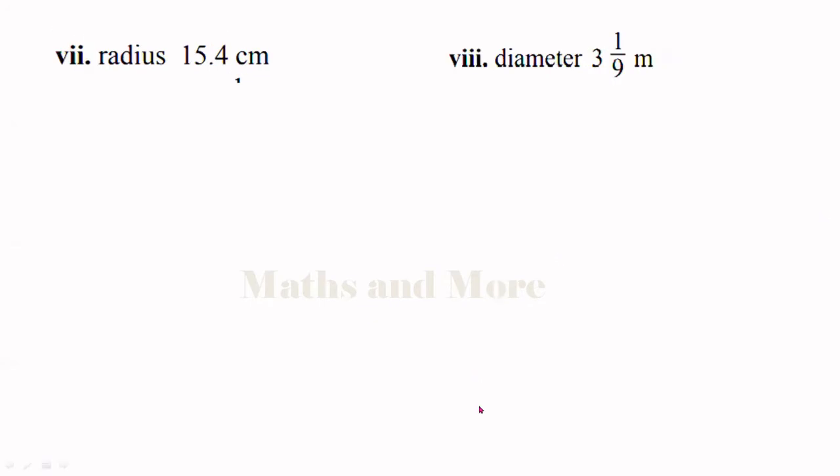Now look at this problem. Radius is given, 15.4 centimeters. If radius is given, use C equals 2πr, that formula.